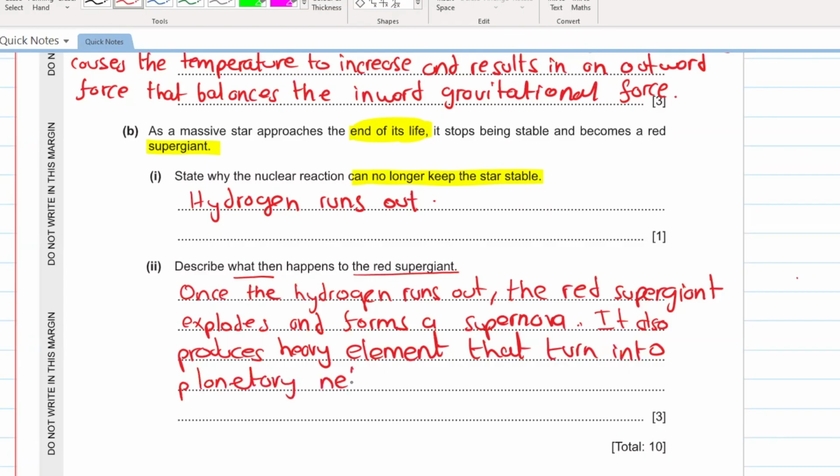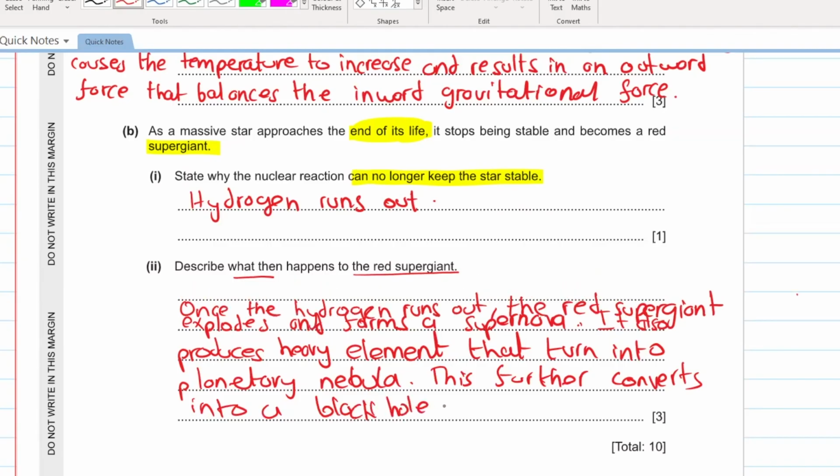Simple as that, nothing complicated here. And if you want to write something further, you can say this further converts into a black hole or a neutron star. Simple as that.